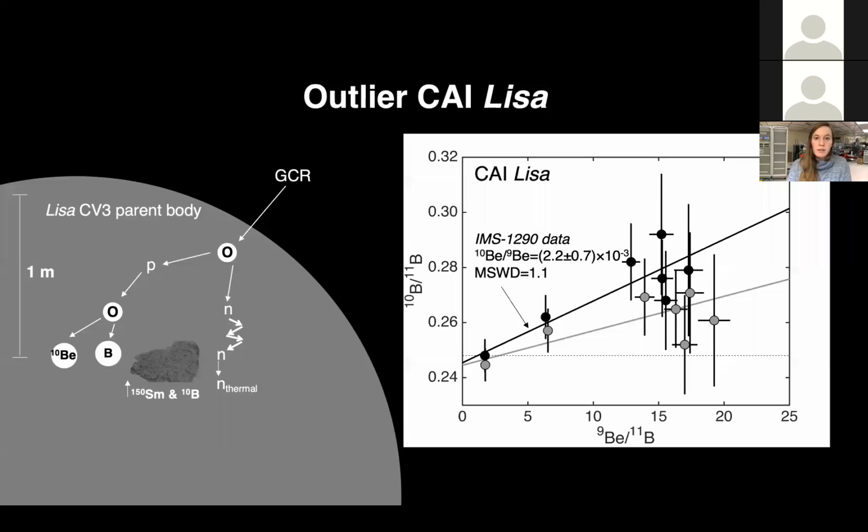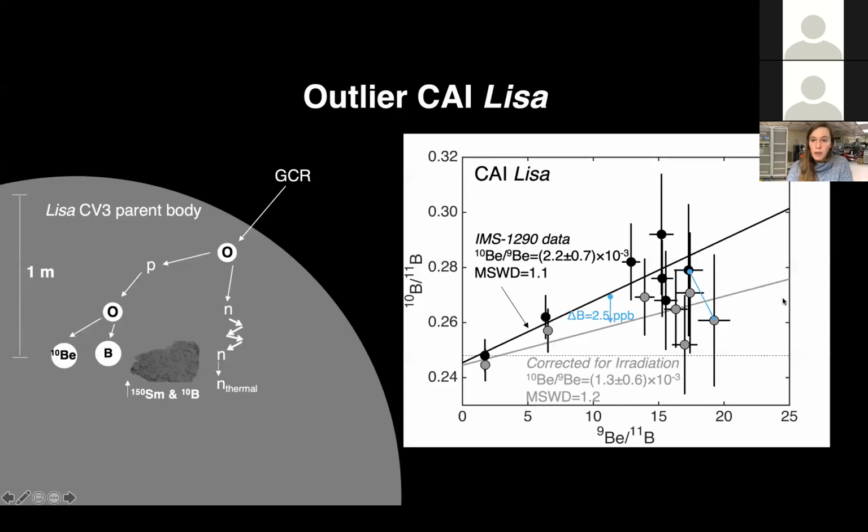So how this would work is shown here. This is the same plot where the slope is the 10 over 9 beryllium ratio. So the black data points are what I actually measured on the SIMS. And from that, we tried to back calculate what that would mean in the context of this idea.